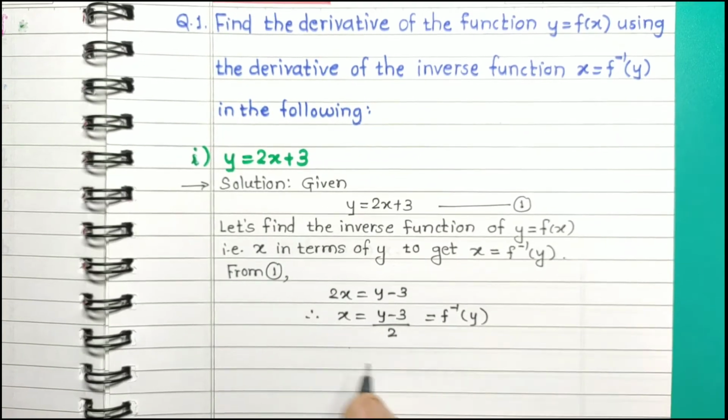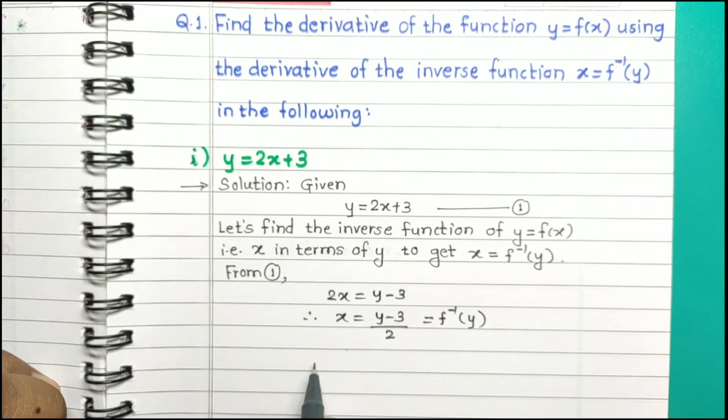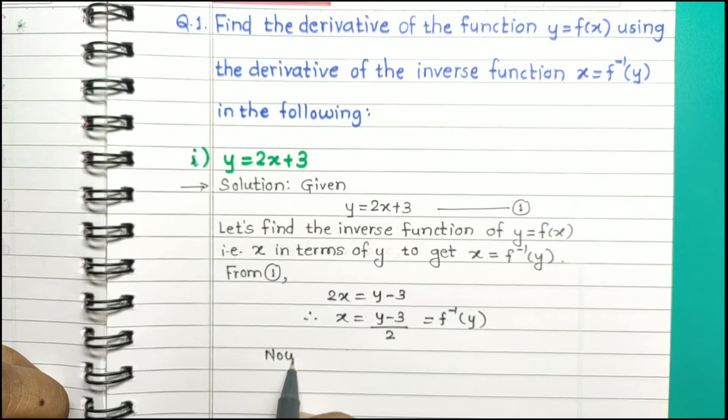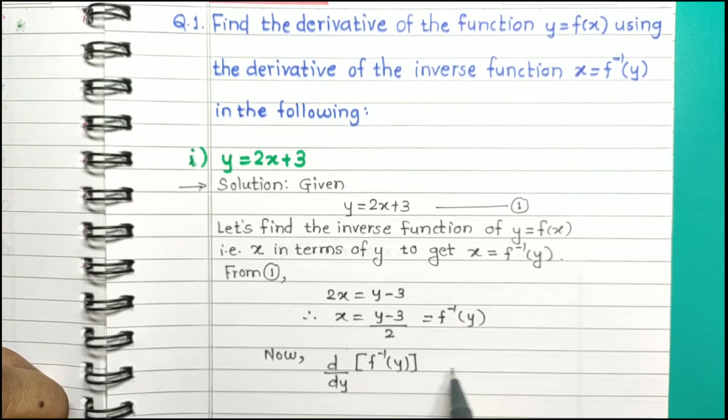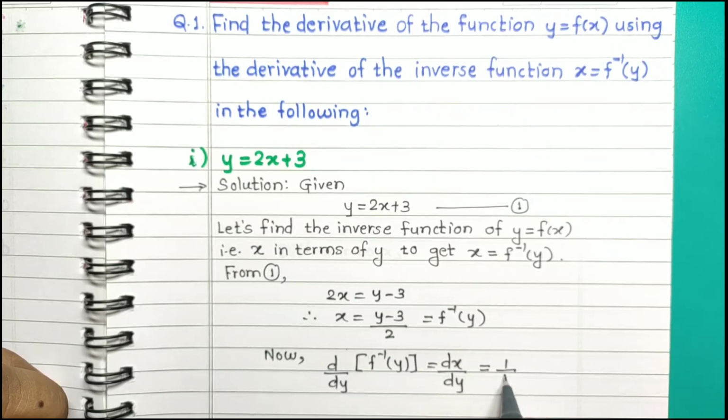Now let's find out derivative of f inverse of y. So now derivative d by dy of this f inverse of y, which is nothing but dx by dy, is half constant, and d by dy of y minus 3.